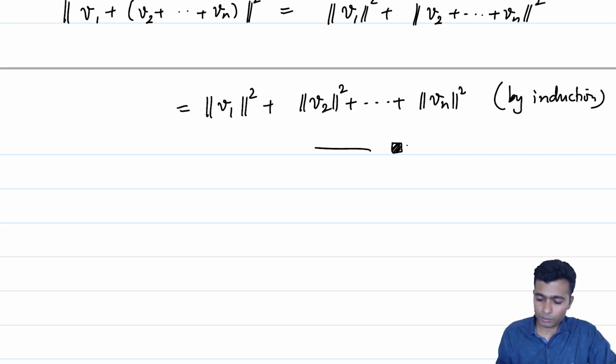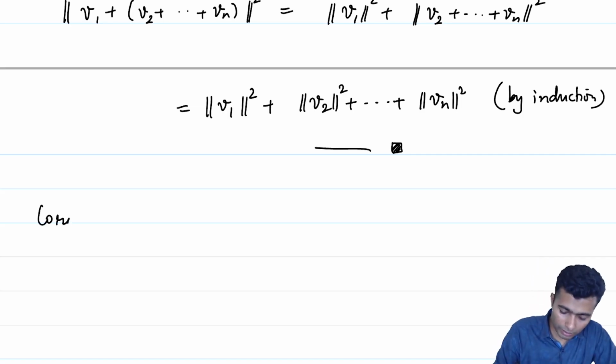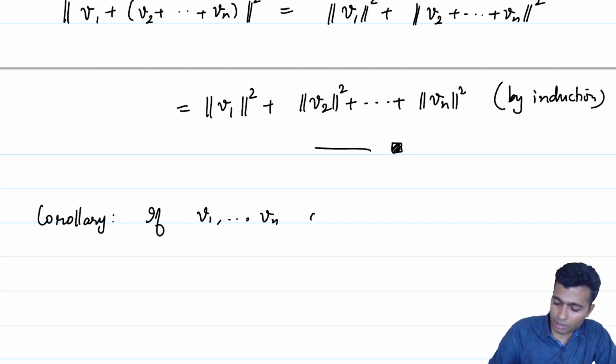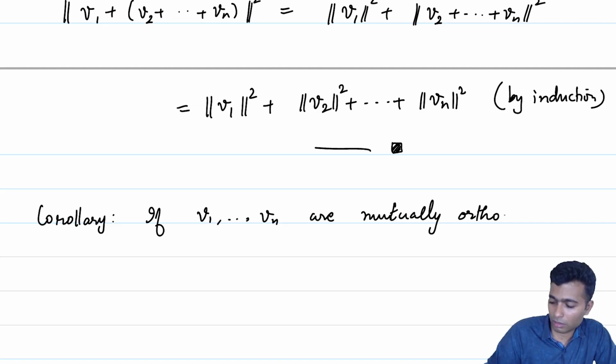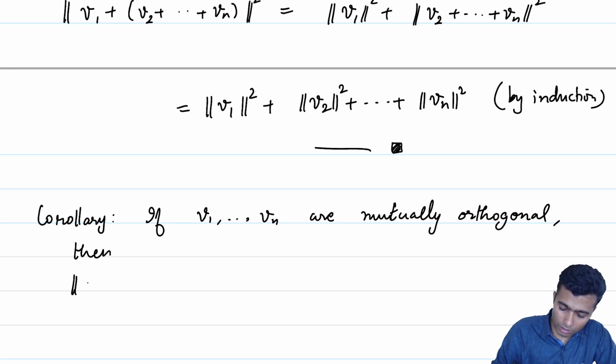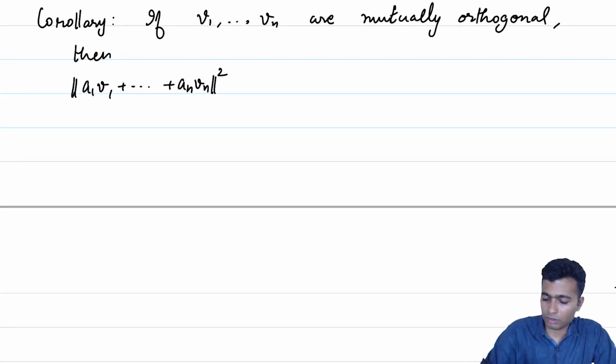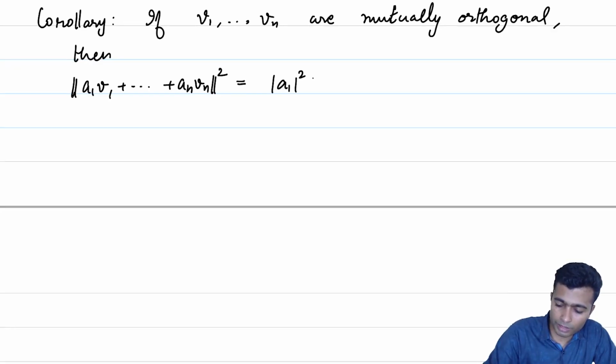As a corollary, if V1 to Vn are mutually orthogonal, so I'll leave this as an exercise for you, then the length of a1 V1 plus up to an Vn, squared, is equal to mod a1 square times length V1 square plus dot dot dot plus mod an square times length of Vn square.